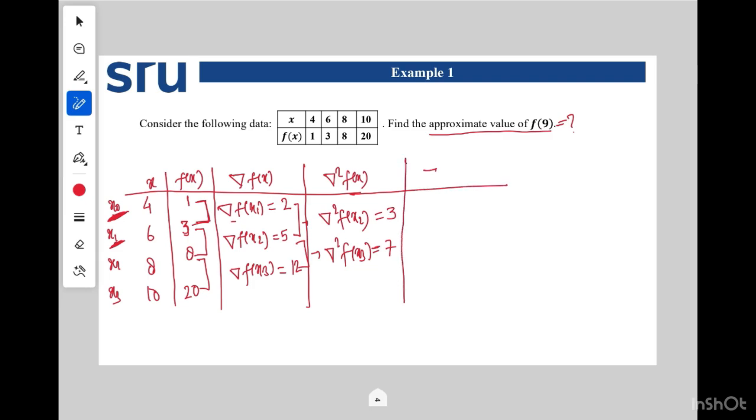Now we can calculate del cube f of x3, which is del square f of x3 minus del square f of x2. So this is 7 minus 3, equal to 4.